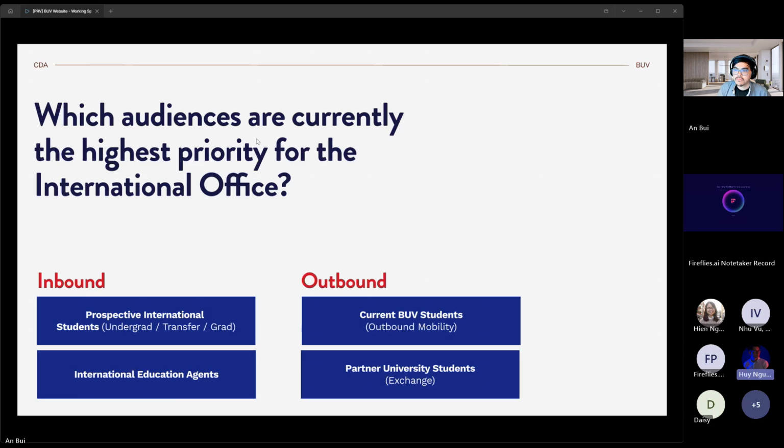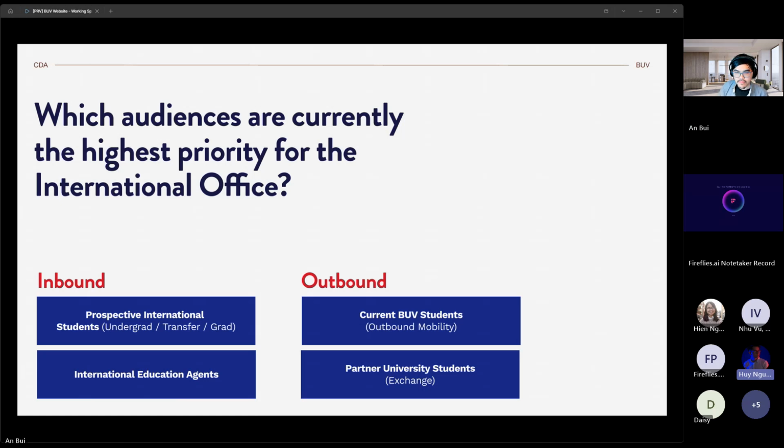Is there any guidance on the organizational setup from your side? I think what happened is the international office was set up before the international student recruitment team, and the international office got the monopoly, or got that name, very early.